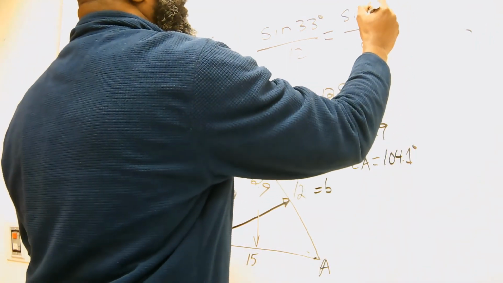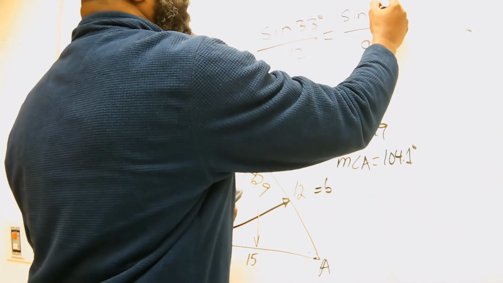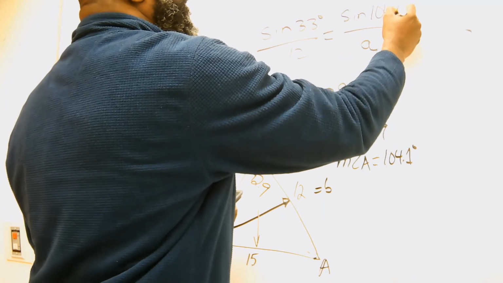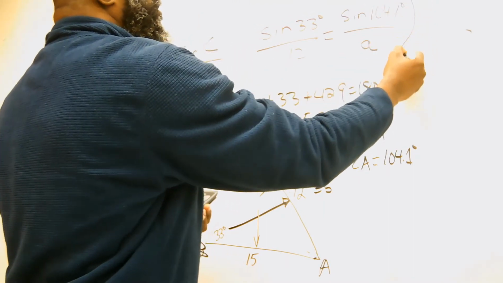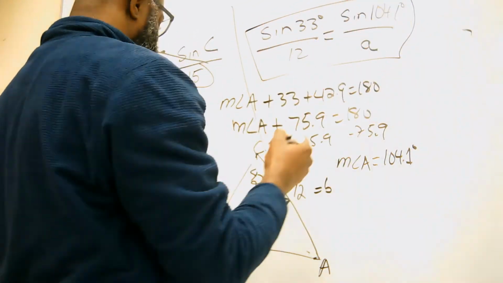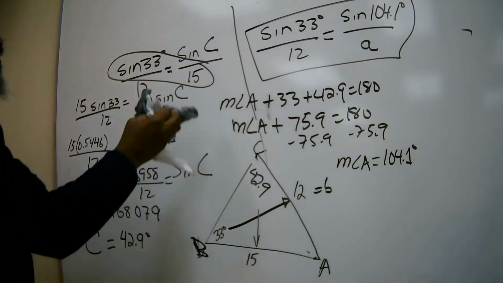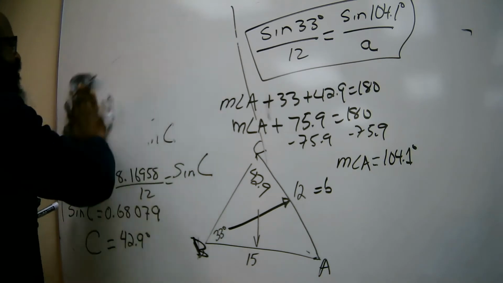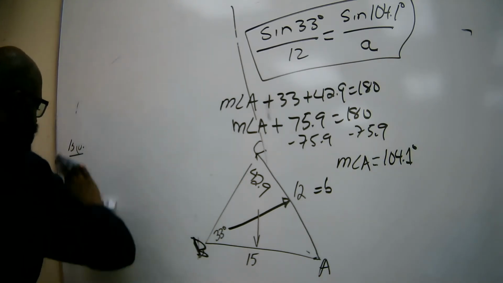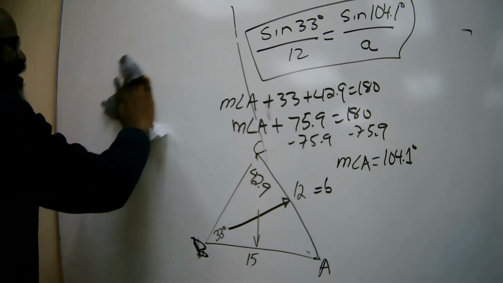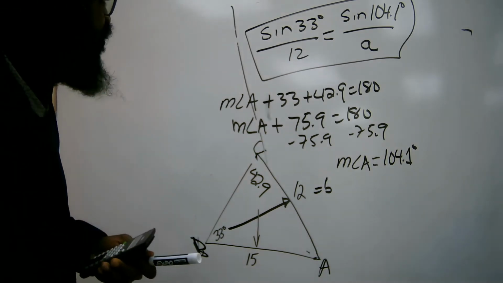So it is 104.1 degrees. So I can come here and solve for this equation. Cross multiply again. So let me erase some of my mess. It is essential that you have your scientific calculator that will set you free.